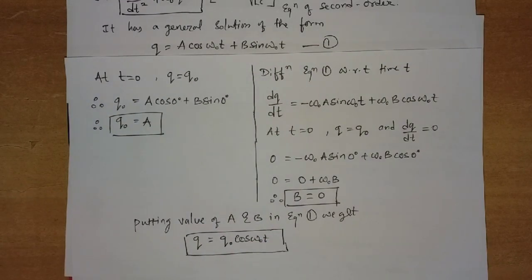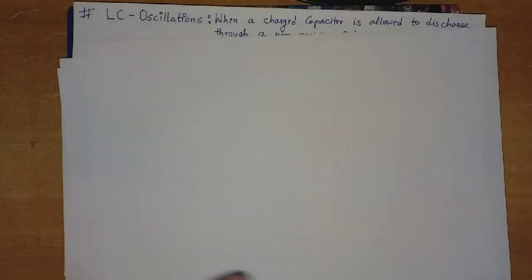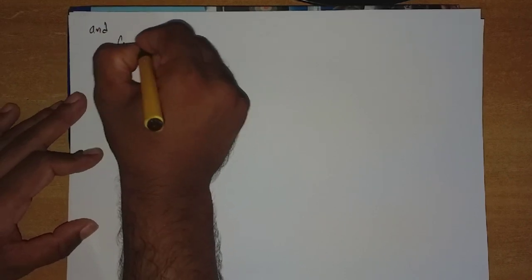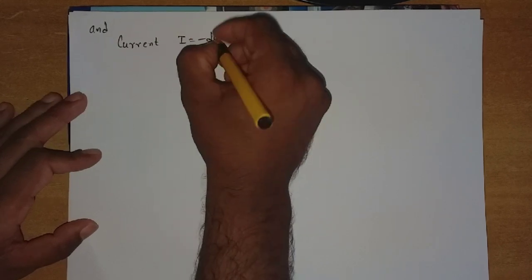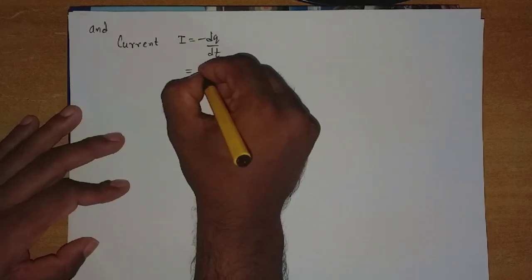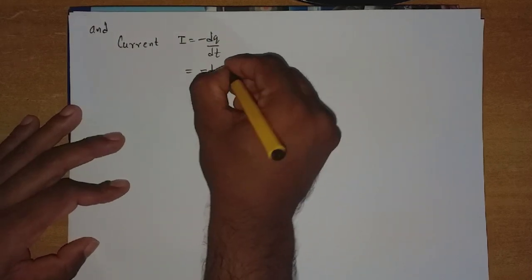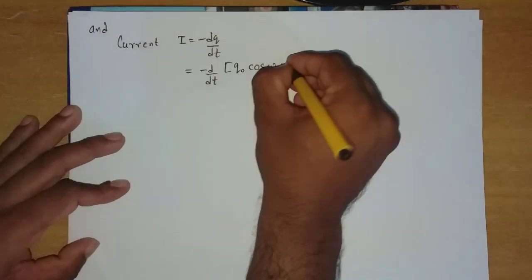Now let's see the other form, the current. Current I is equal to minus dq by dt. The value of q we already found, that is q naught cos omega naught t.